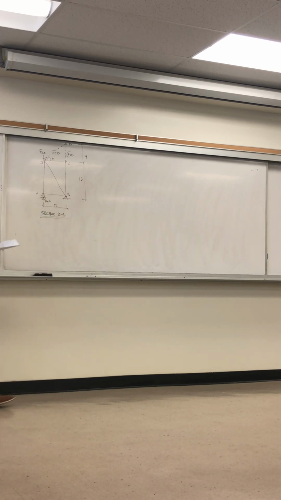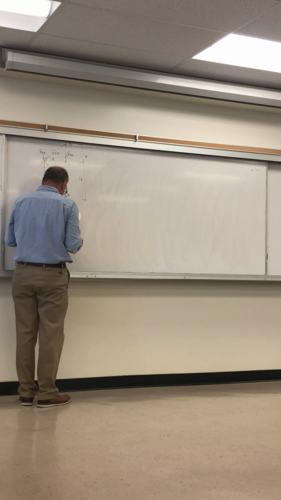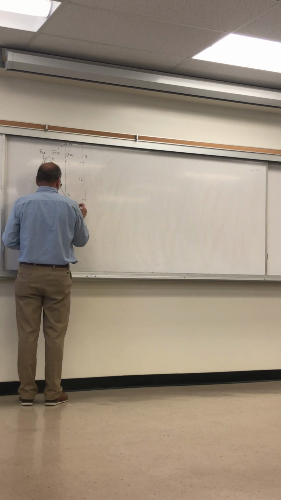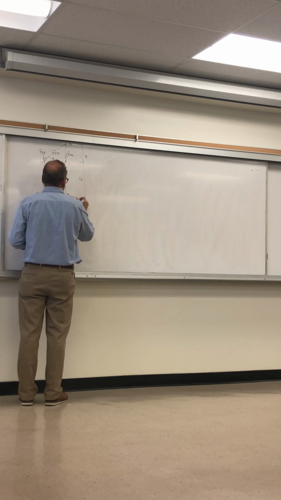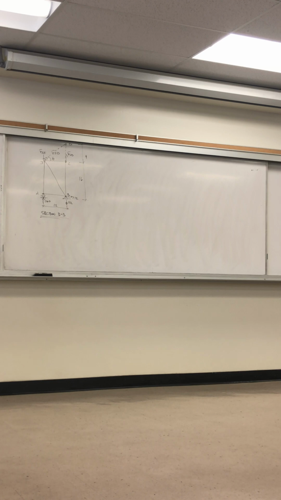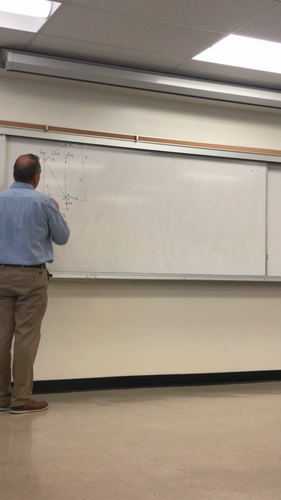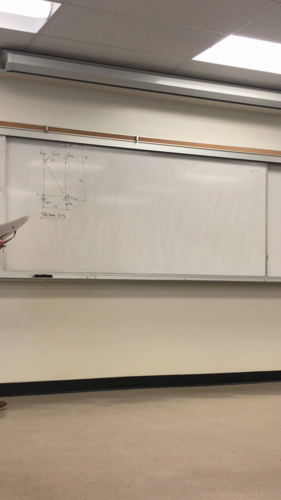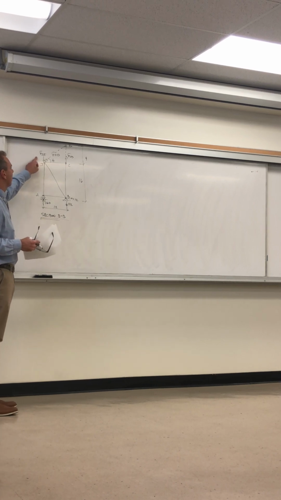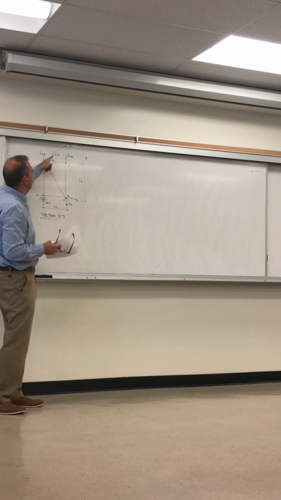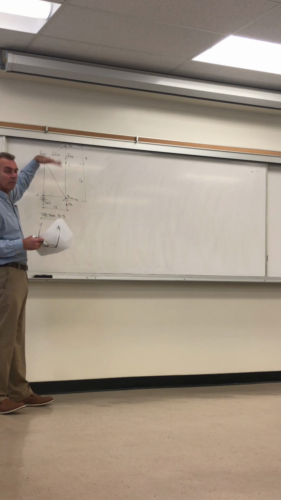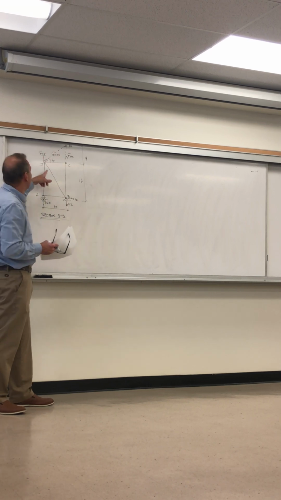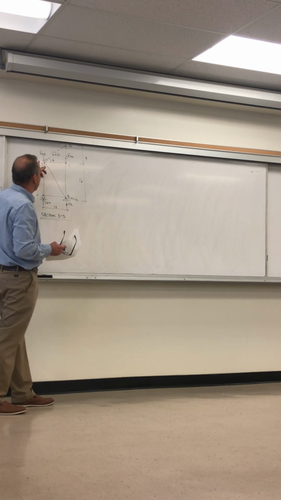Now we need to include the reactions in the summation of this section. The first one we'll solve for is F of JI, and seeing that we have this diagonal force that goes right through the point P, 9 feet above where we took the section, and this F of CD also goes through there, we can take advantage of that.